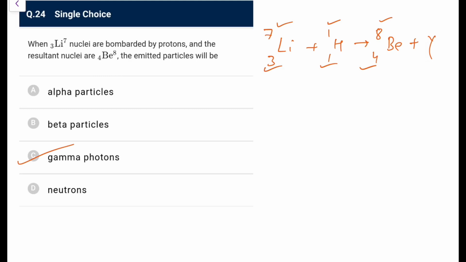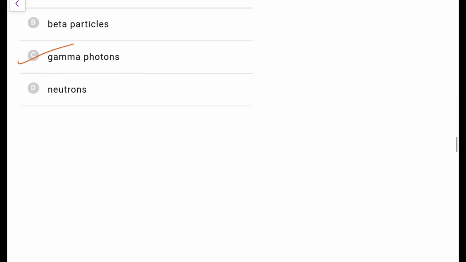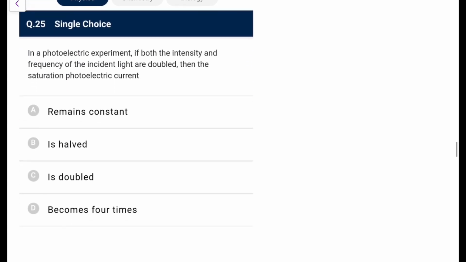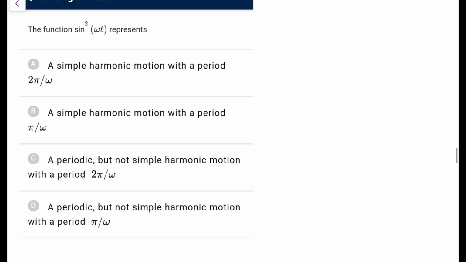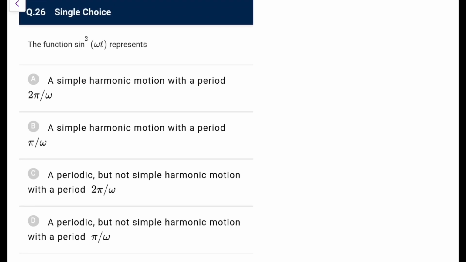So option C could be the possible answer, because we have all numbers automatically matched before that particle. In a photoelectric experiment, both the intensity and frequency are doubled, and the saturation photoelectric current, we know the saturation current depends only on intensity, so it would be doubled, it won't be 4 times, it will be doubled only. Next one.